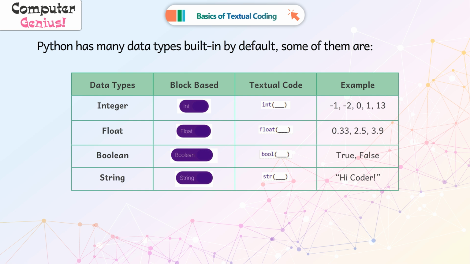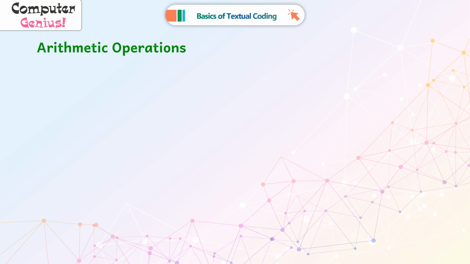Example: integer, int: -1, -2, 0, 1, 13. Float, float: 0.33, 2.5, 3.9. Boolean, bool: true, false. String, str: double quotes, "high coder".